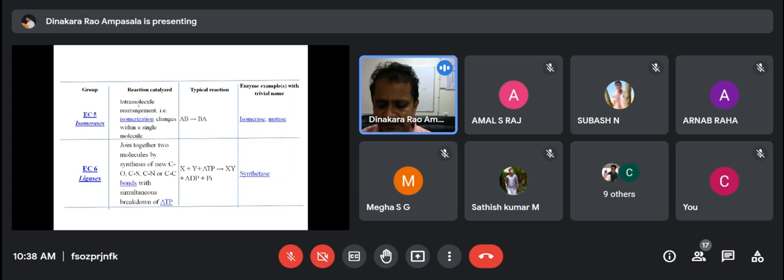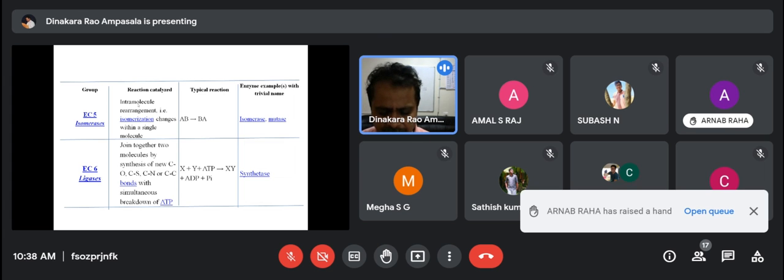So in these chemical reactions, ATP or GTP or other energy-rich molecules are utilized to provide the energy to synthesize the new bond. So the entire set of enzymes is classified and categorized into these six classes of molecules.